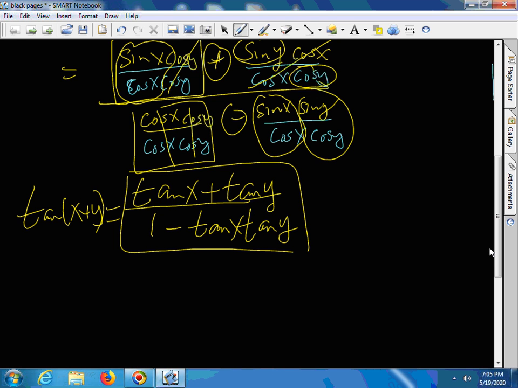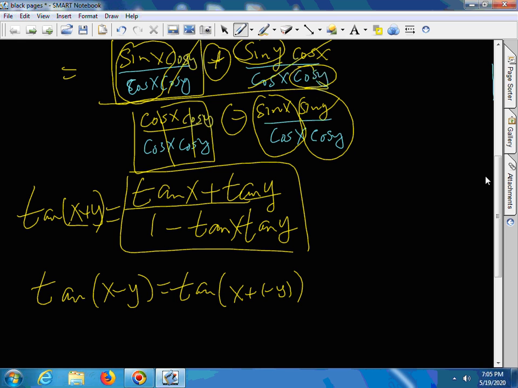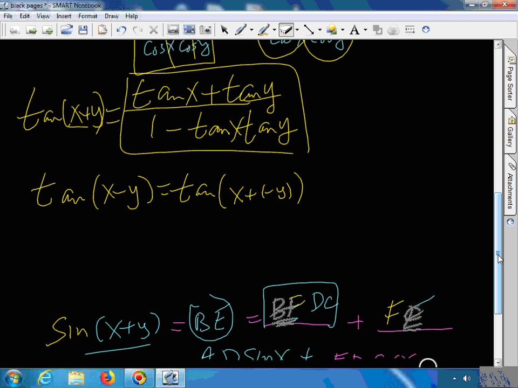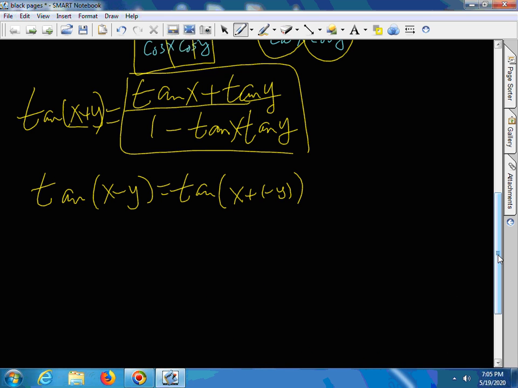Armed with that, you can find the tangent of x minus y. In fact, let's do it. The tangent of x minus y. Now we only have a formula for sum, so write it as a sum, and everything will follow.